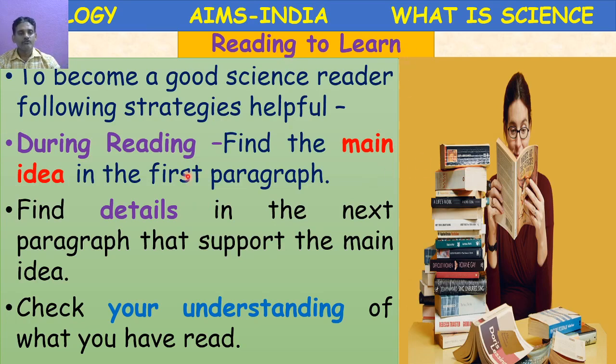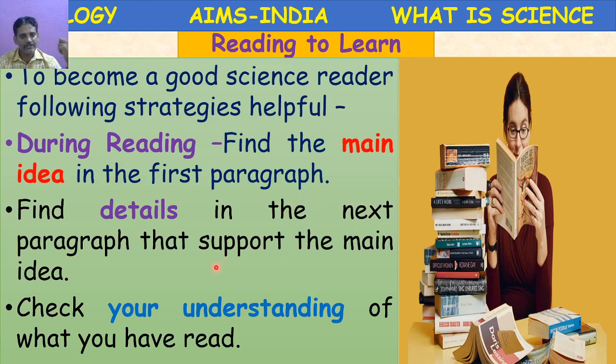Okay. So scientists use reading, writing, and numbers in their work. They read to find out everything about a topic. So you be the scientist at the time of reading. So they have a clear idea about a topic they are investigating.